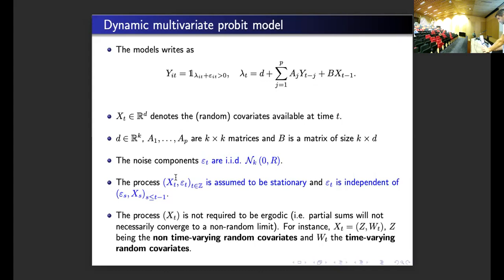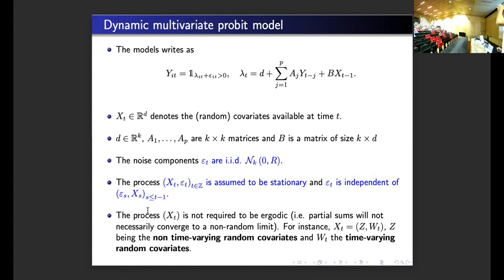So what we assume is that the noise and the covariate process are assumed to be stationary, which is something classical. We assume that epsilon at time t is independent from the past information, of the past values of the noise and of the covariate. Something which is important: the process X_t is not required to be ergodic.